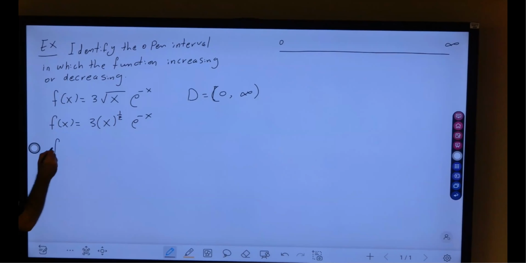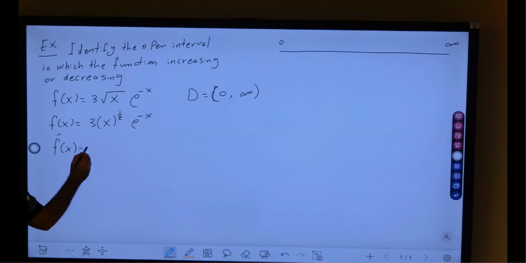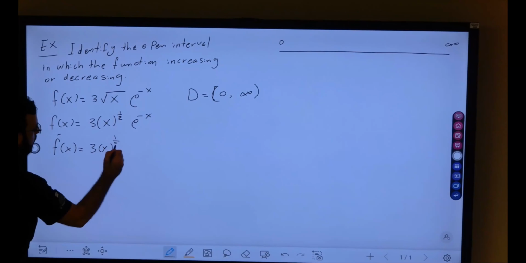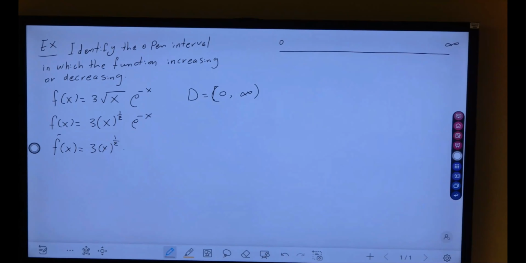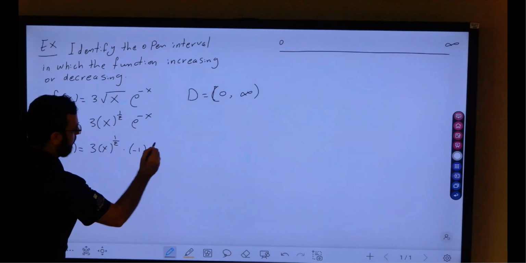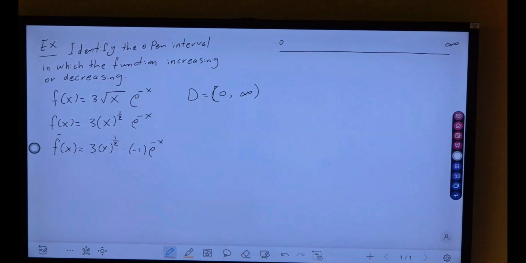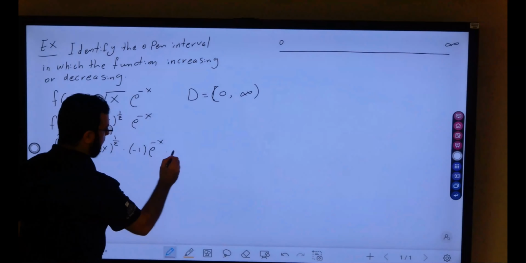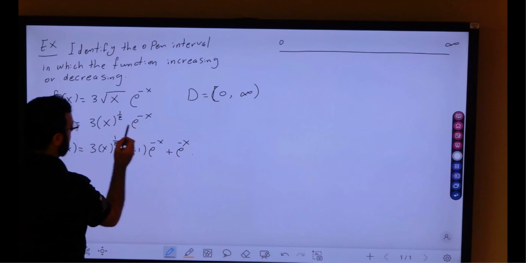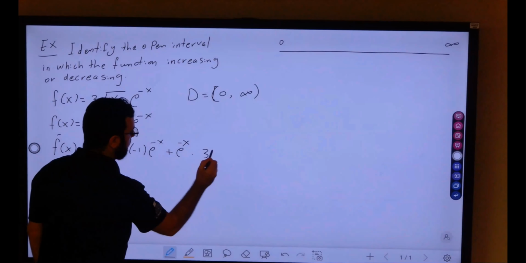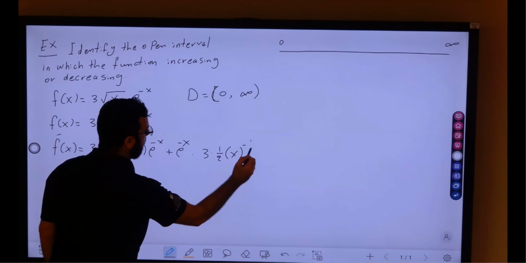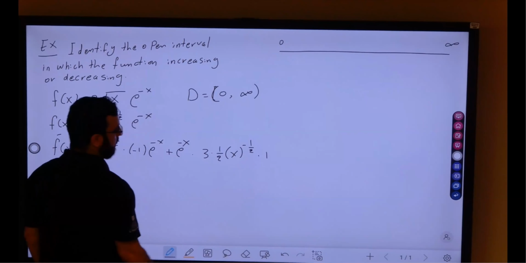The derivative is going to be the first one times the derivative of the second, which is -1 e to the negative x, plus the second one times the derivative of the first one, which is 3 times half x to the negative half times 1.